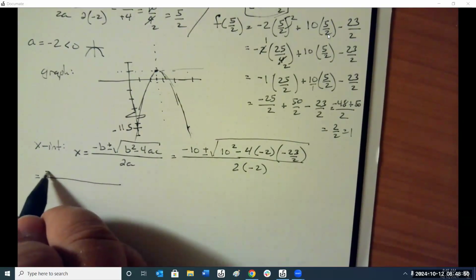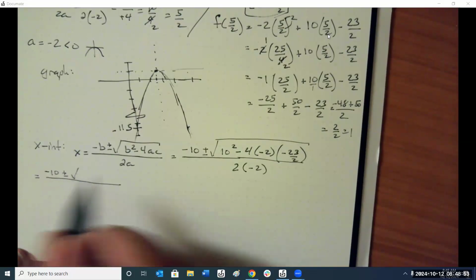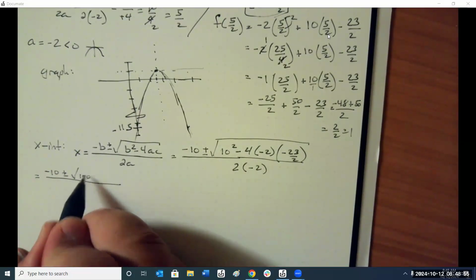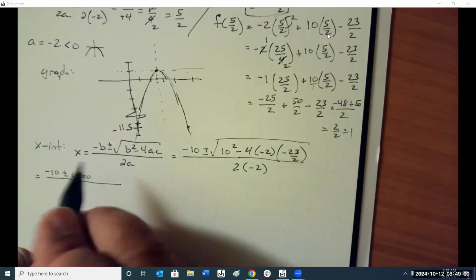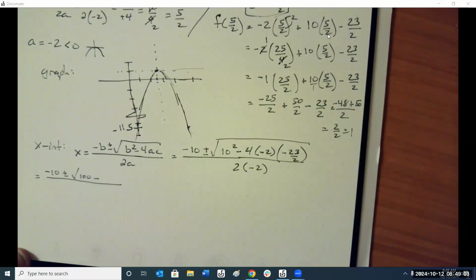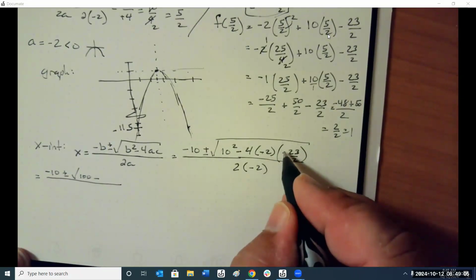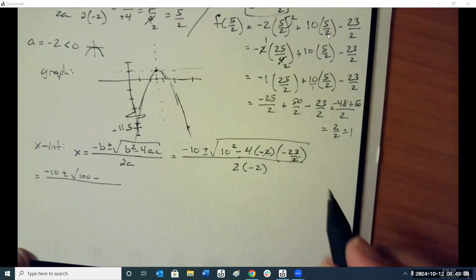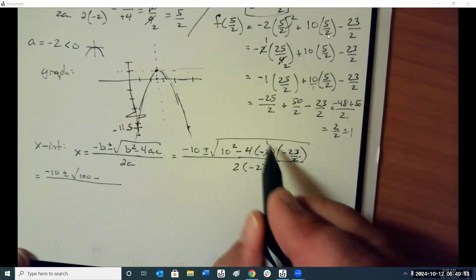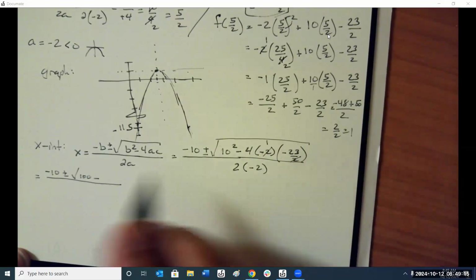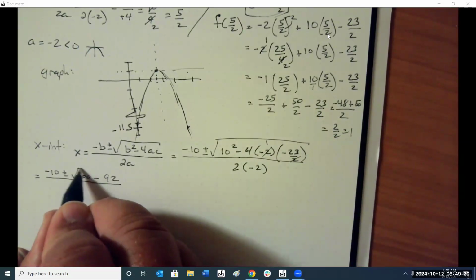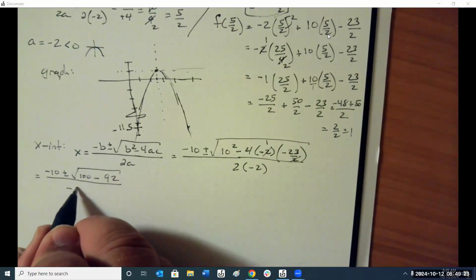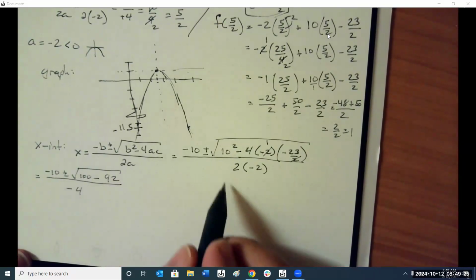So we have negative 10 plus or minus the square root of 10 squared, which is 100. Negative, negative, negative makes it a negative. Then the 2 cancels with the 2. So we have 4 times 1 times 23. So 4 times 23 is 92, over negative 4, 2 times negative 2.